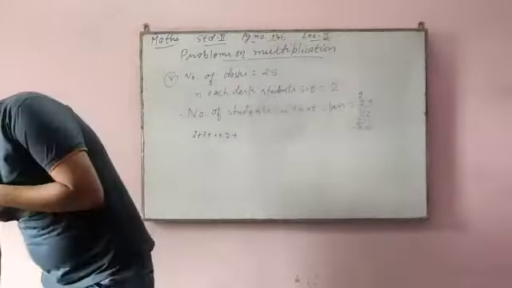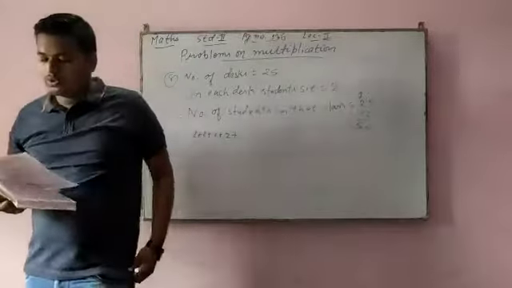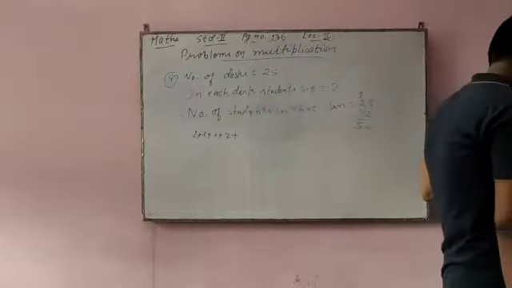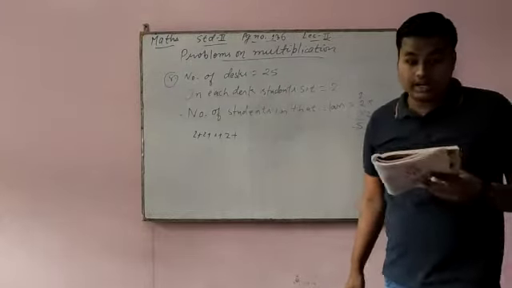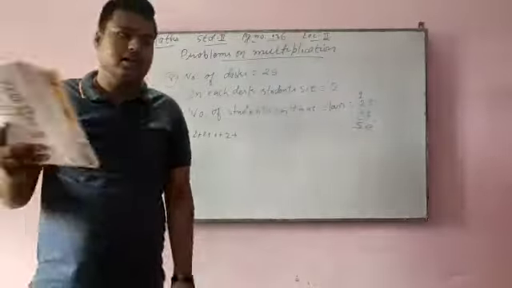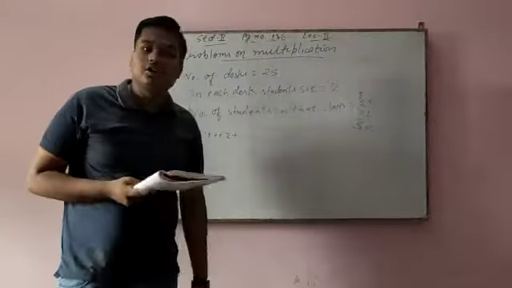Question number 9: there are 42 students in a class. If each student needs 8 exercise books, how many exercise books are enough for the students of this class? Assume in your class in standard 2 there are 42 students.